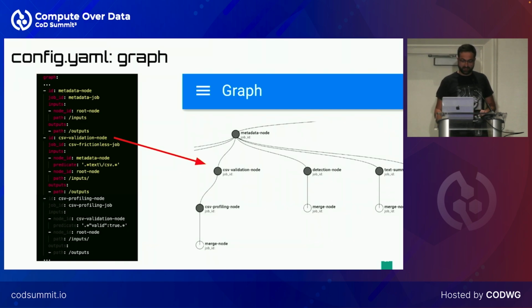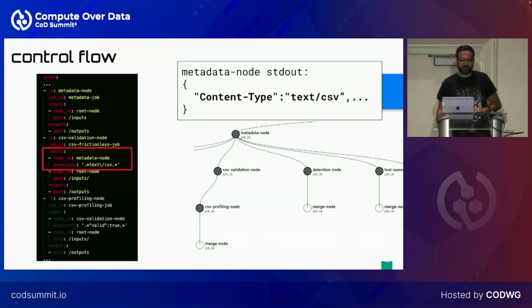But essentially, what matters here in terms of control flow is that Phil came up with this nice idea of predicating over a standard output provided from upstream jobs.